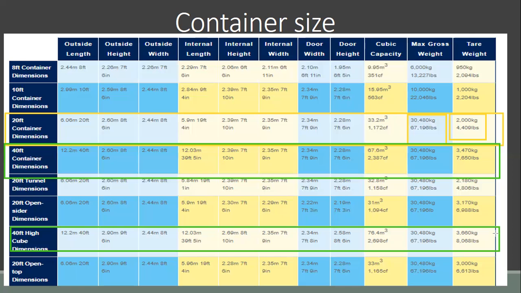Keep this in mind: if in an interview anybody asks what is the difference between 40 high cube and standard, you can say only the height is different. 40 standard is 8 feet and high cube is 9 feet. Also you can tell that the empty 40 feet container is 3.6 metric ton, and the capacity is 30 metric ton. 30 metric ton cargo can be stuffed in the 40 feet container.